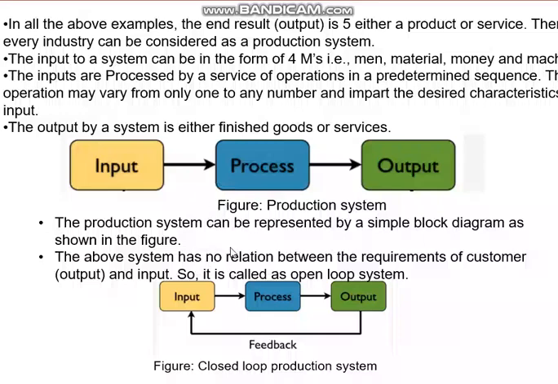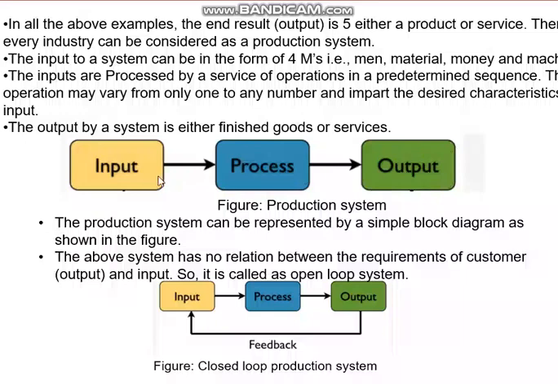But this system has no relation between the requirements of customers and the input. So it is called an open loop. The loop is open. Suppose you have taken something, worked on it, made something and given it to the customer.